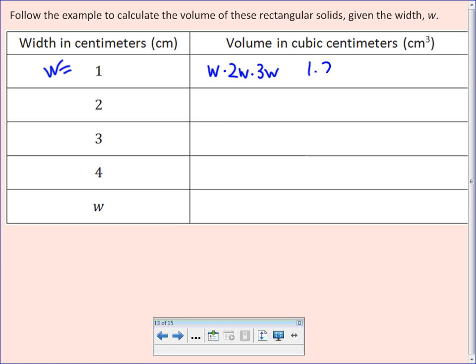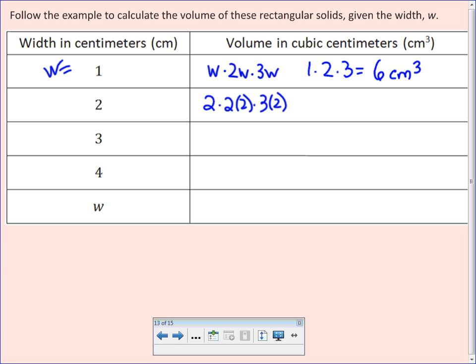So 1 times 2 times 3 would be 6 centimeters cubed. But now suppose the W was 2. So we have 2 times 2W times 3W. Do you see how I replaced the W with a 2?